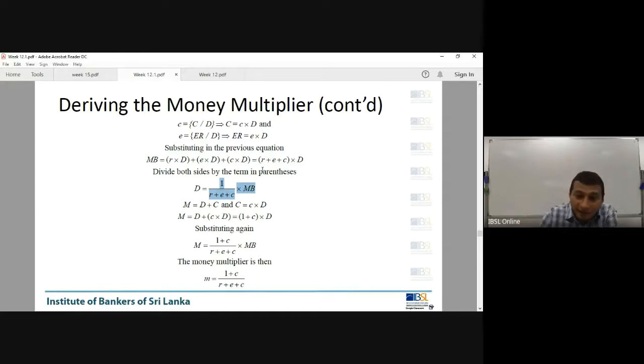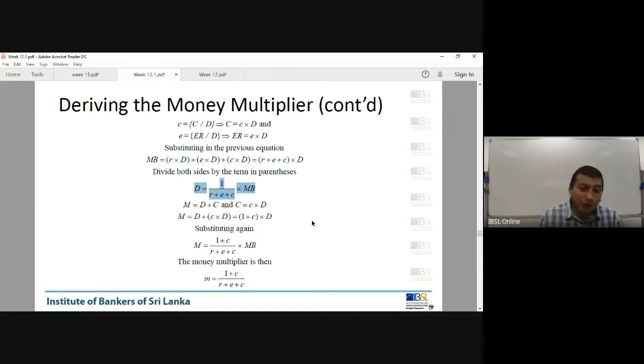But when you divide this side by R plus E plus C, this cancels off. So you are left only with deposits. So the equation now looks like this: the deposits equal 1 over required reserve ratio plus excess reserve ratio plus currency ratio times monetary base.